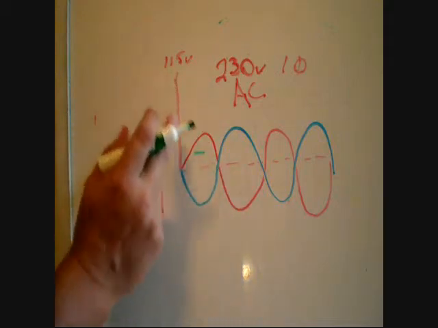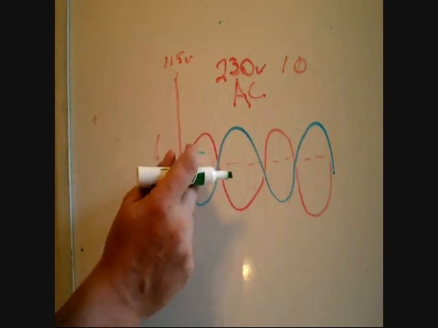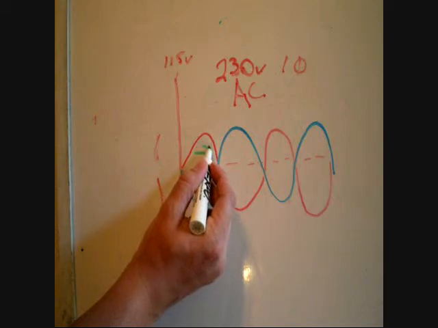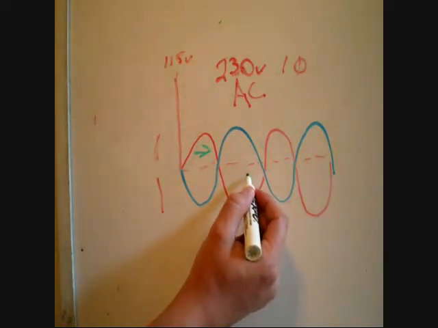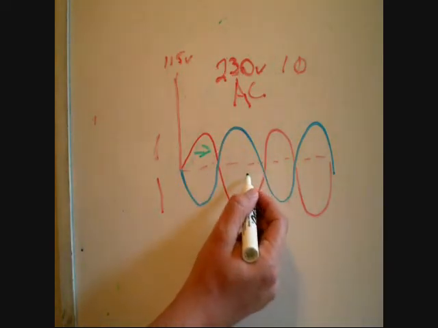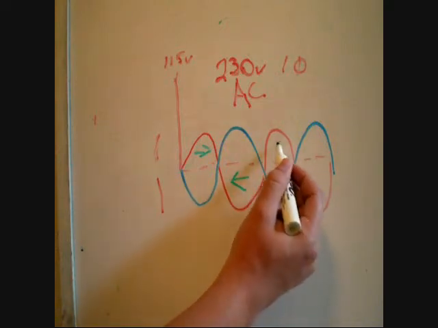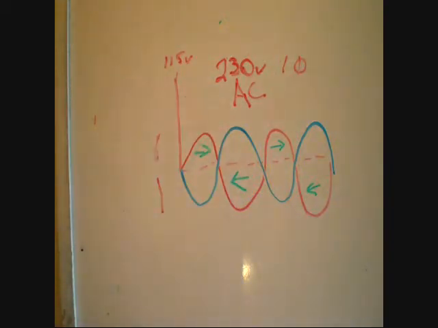When the sine wave is on the high side, the electrons are moving this way. And then the other half of the cycle, when the sine wave is on the downside, the electrons are moving this way. So really all the sine wave is telling us is the direction of electrons.